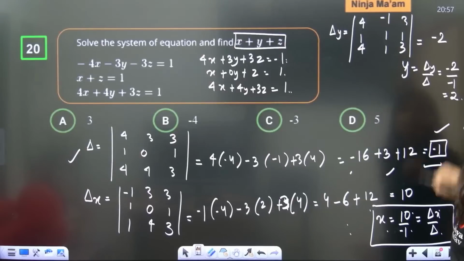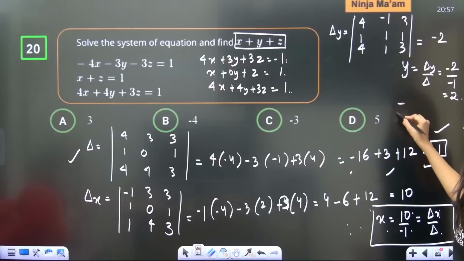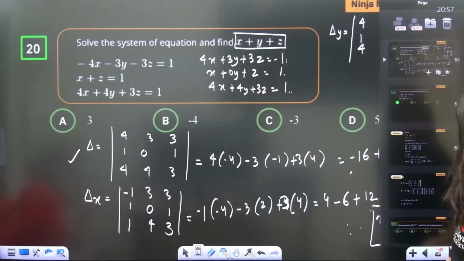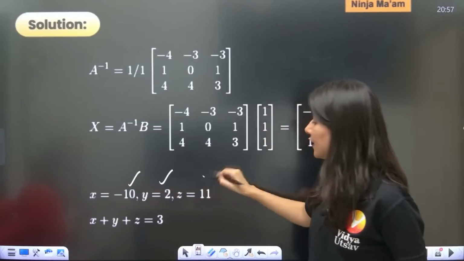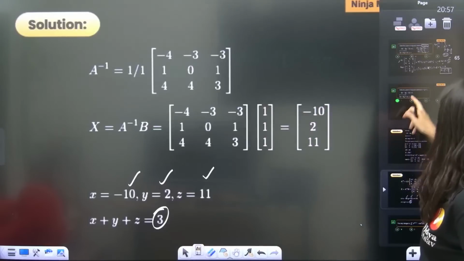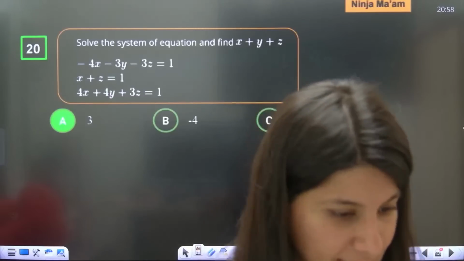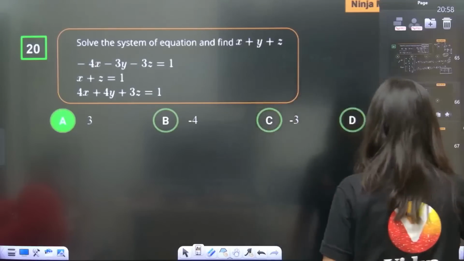So y is 2, correct? And z will be plus 11. So the correct answer will be minus 10, 2 and 11. So option 3 is the right answer of this question, matching our answer. Everybody getting it? Shall we move on to the next question, everybody?